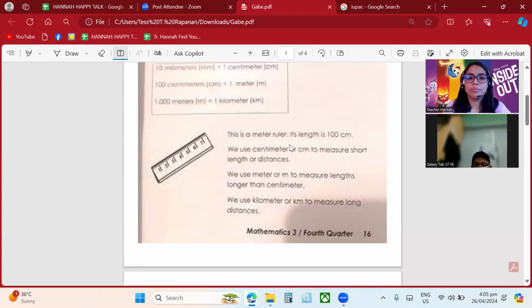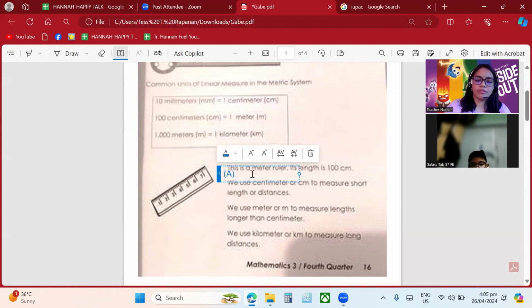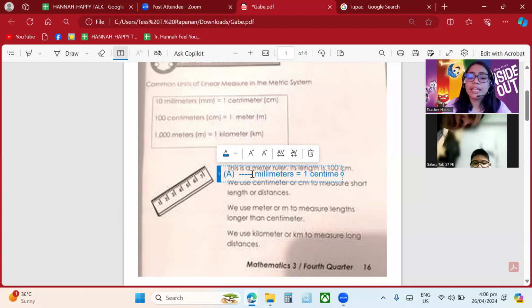How many millimeters are there for 1 centimeter?